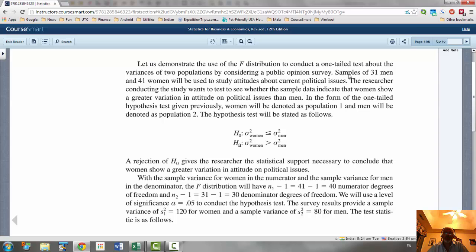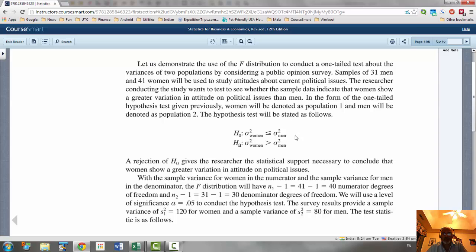We have a population of women voters and a population of men voters, and we want to test whether the variance in attitude towards current political issues is more among the women population compared to the men population. So men think more alike, whereas there is more variability among women. That's what we want to test.